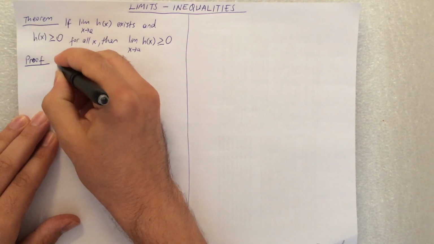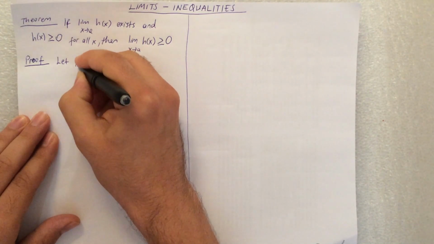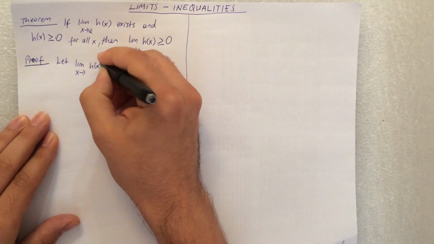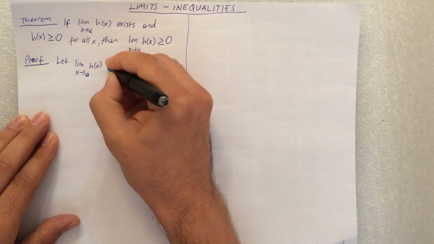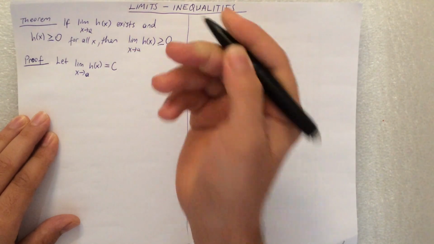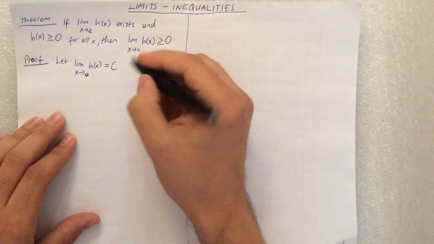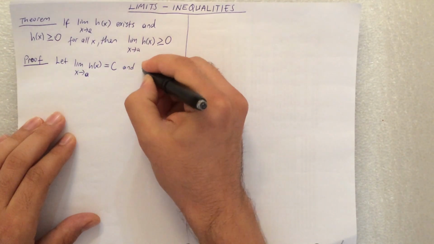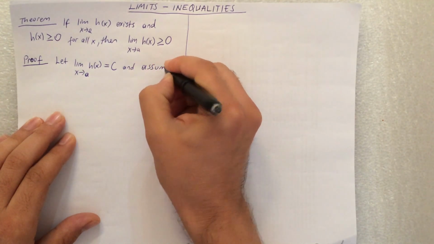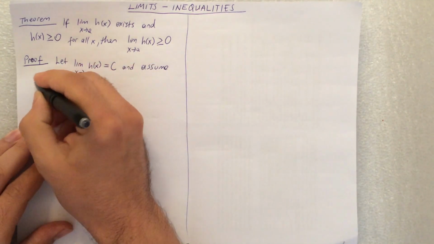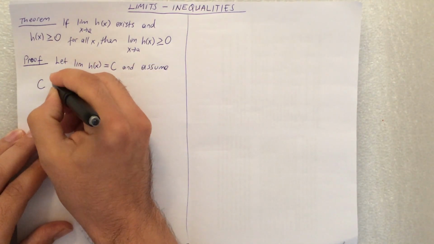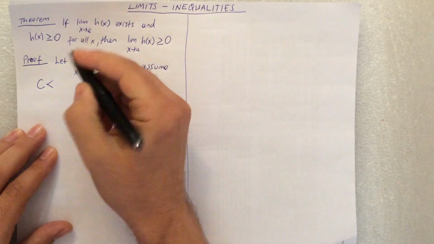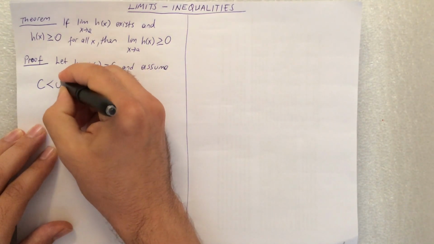So let's say that the limit of h(x) as x goes to a is equal to c. And let us assume that c is negative.